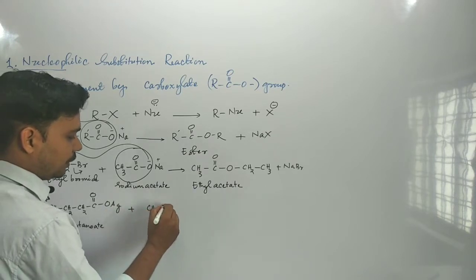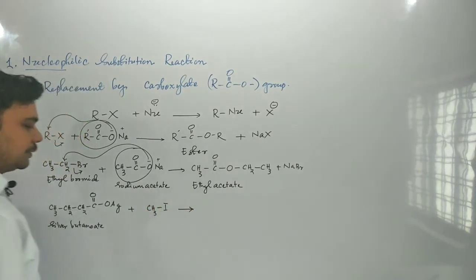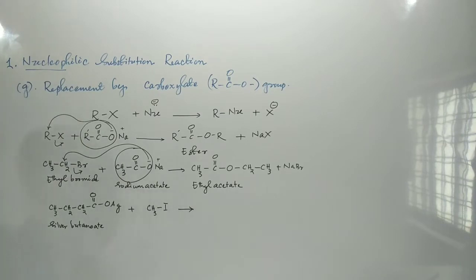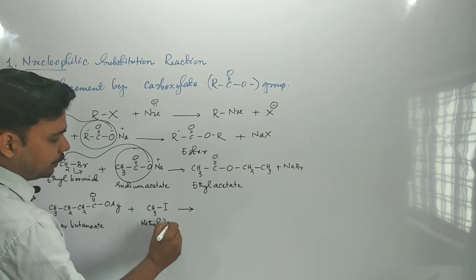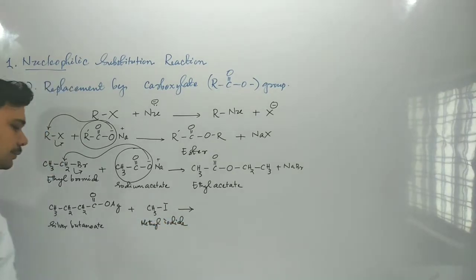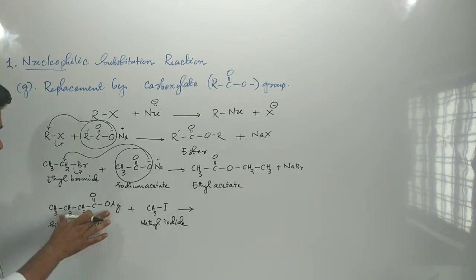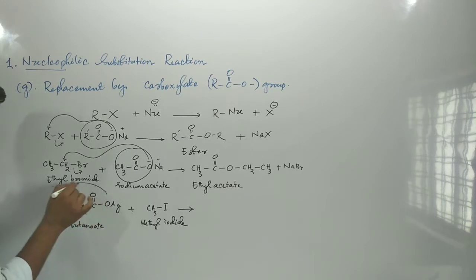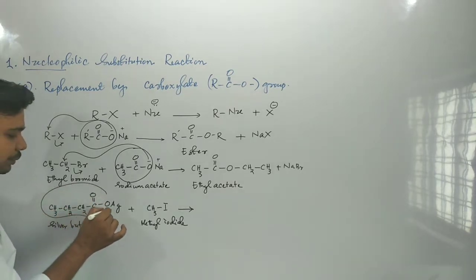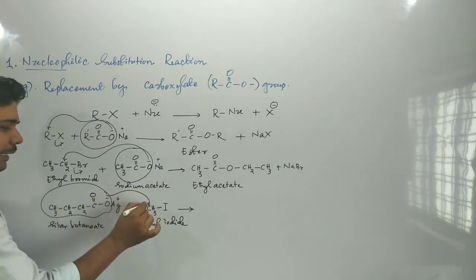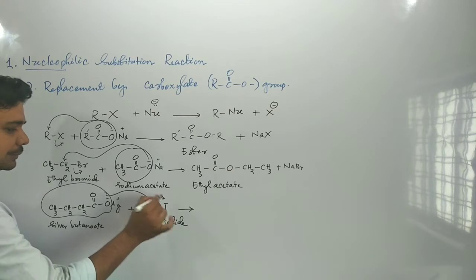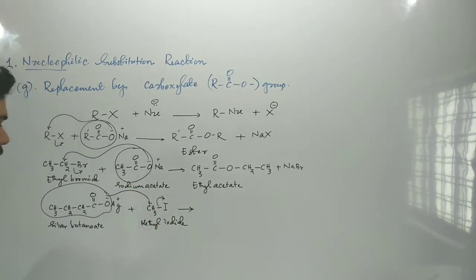Let us take a very simple alkyl halide molecule, CH3I, methyl iodide. You yourself think about the mechanism. This is the reagent. This will provide the nucleophile. Here the nucleophile is the butanoate ion. This butanoate ion will attack the carbon containing the halogen. This halogen group will leave.